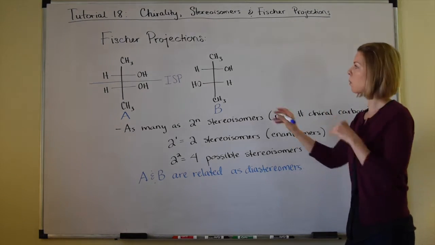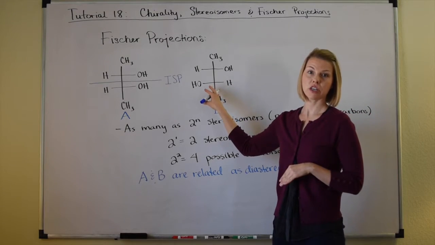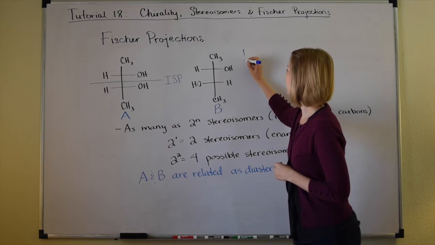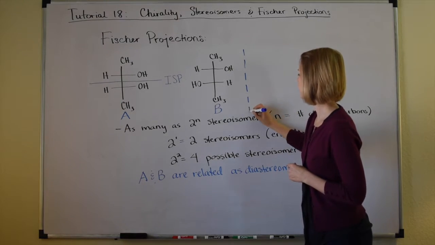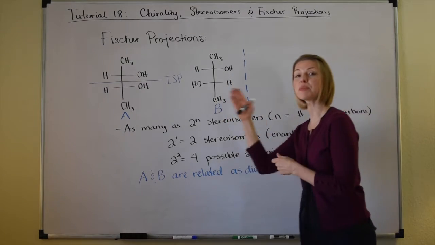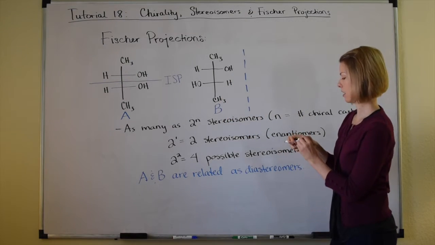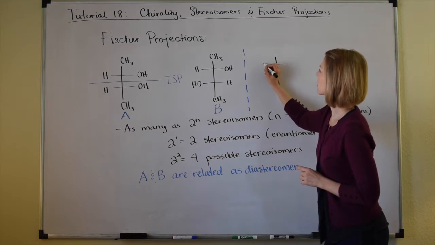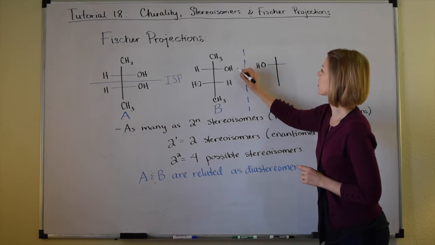Okay. Well, what about the mirror image of this molecule that we're calling B? Let's draw a mirror here. And let's see what the mirror image would look like. So this OH reflecting.